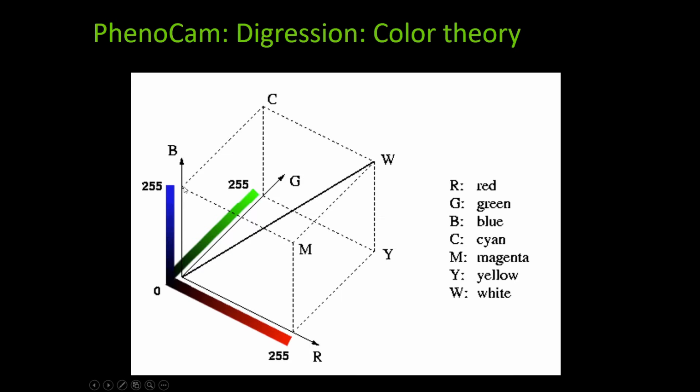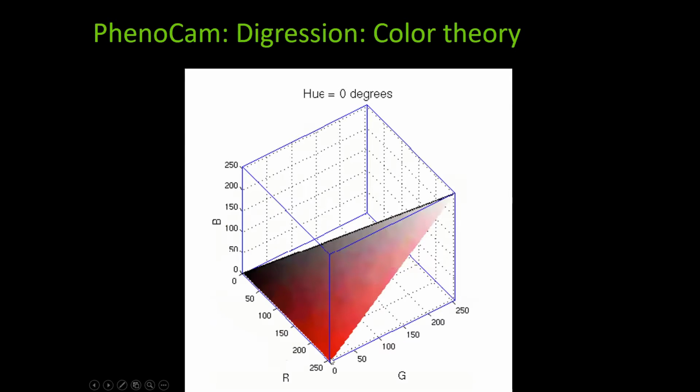If you define one color, for example, red, at this point, and then you look at the triangle from black to white to the color, then you can see all the possible colors that are similar to red, all the reddish colors that are darker or lighter than the original red. And we wanted to have a software that finds all these red colors and reports them as red.